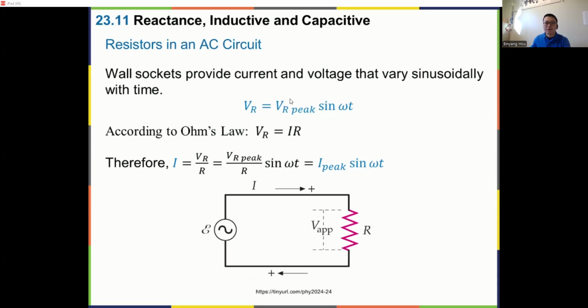If we take this expression in place of voltage on the resistor, V sub R, it will have peak value sine of omega t divided by R. So you get a peak current, which is voltage peak over resistance, and then the sine function follows. So if you have a resistor in the AC circuit, voltage is a sine function, and current is also the same sine function, okay?